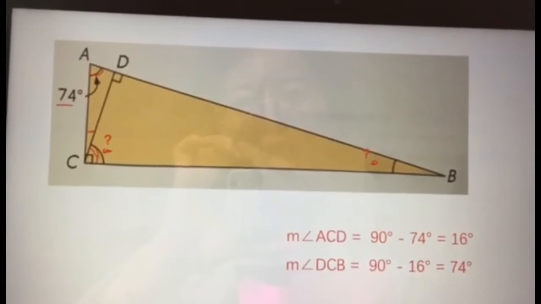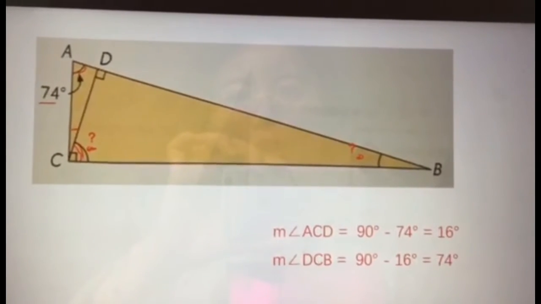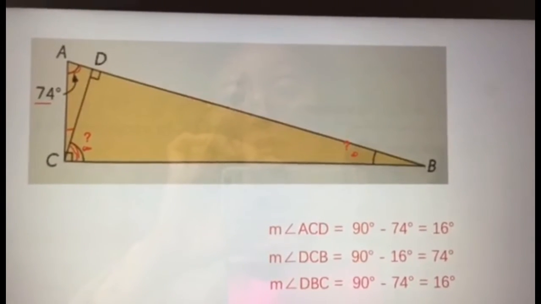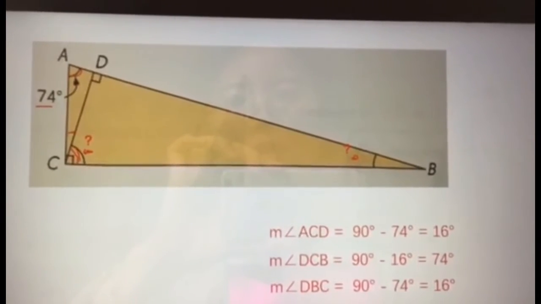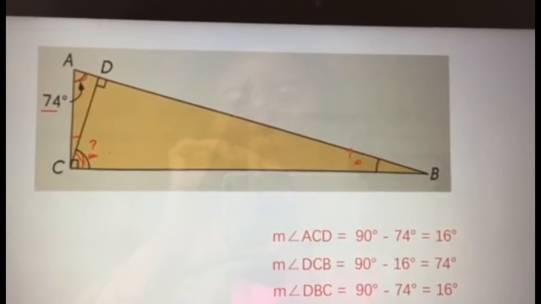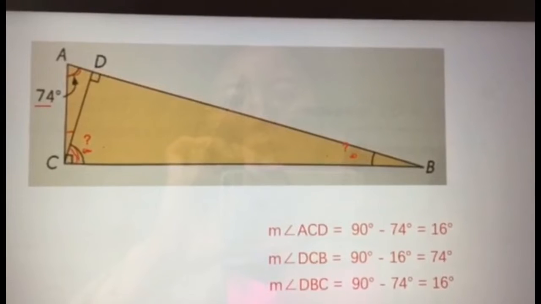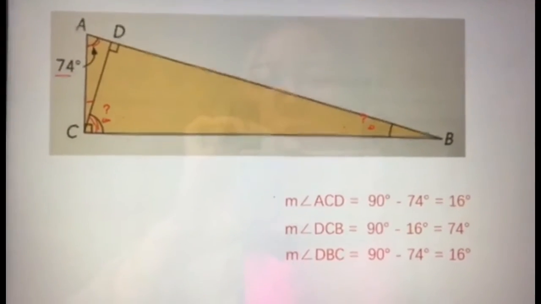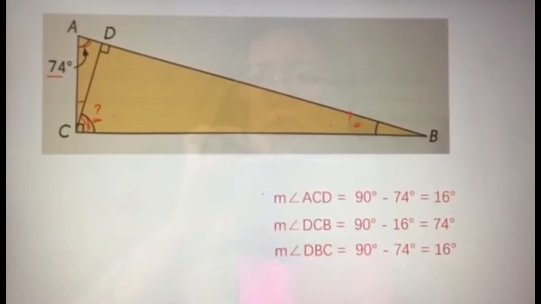It's 74 degrees. And angle B plus angle DCB is 90 degrees. So angle B is 90 degrees minus 74 degrees, which is 16 degrees. Did it make sense to you?